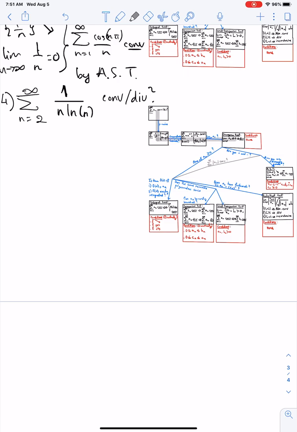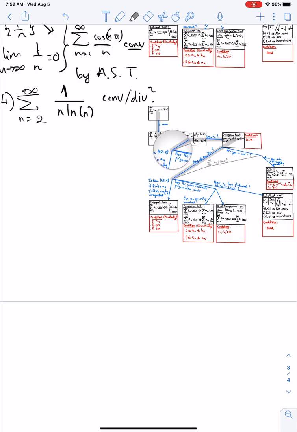As n approaches infinity, 1 over n ln n is going to approach 0, so it's not going to be very useful. Is everything going to be bigger than 0? Yes, because ln n is positive from 2 to infinity.